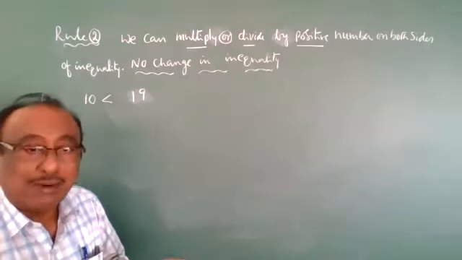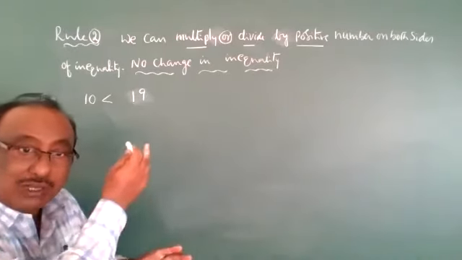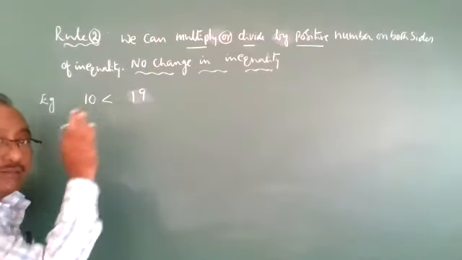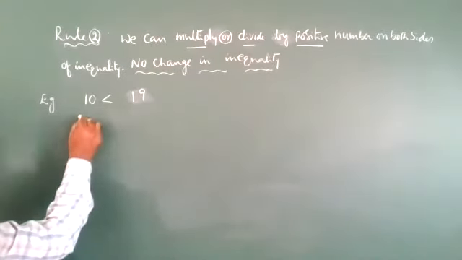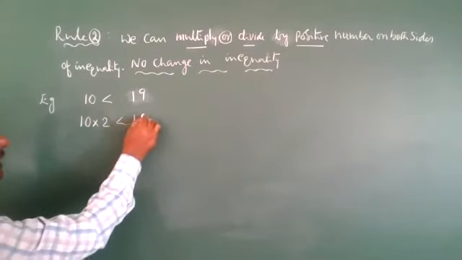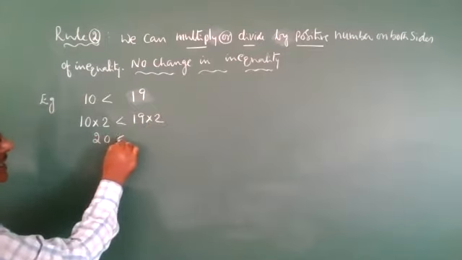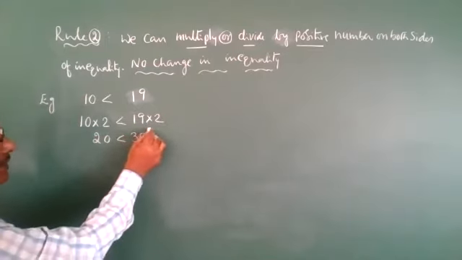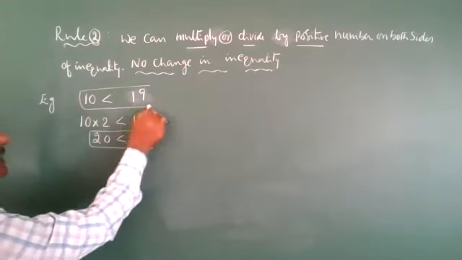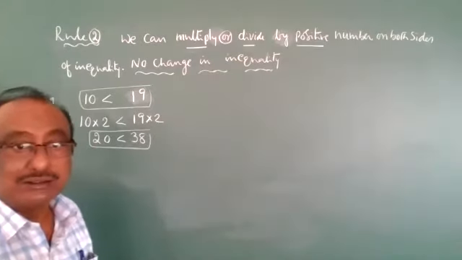Multiply any number, divide any number, the inequality never will change, we get the same. See, multiply 10 into 2, 19 into 2. So 20 is less than 38, correct? Here 10 is less than 19, 20 is less than 38 is correct.